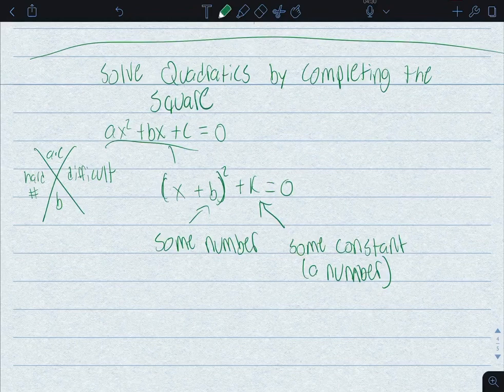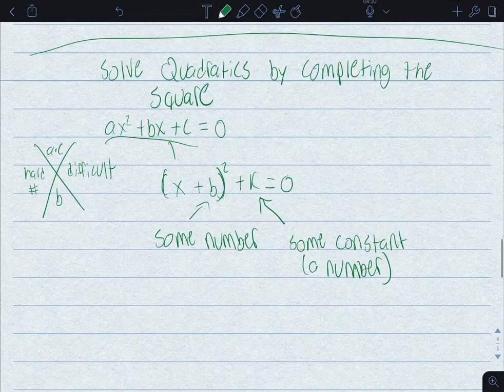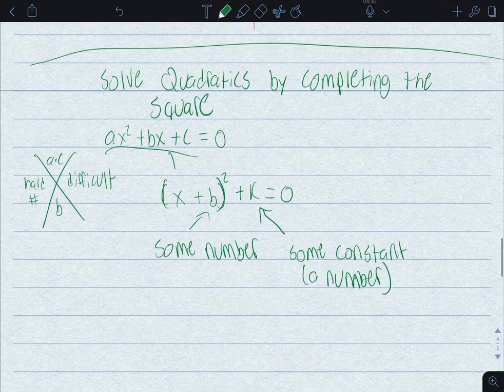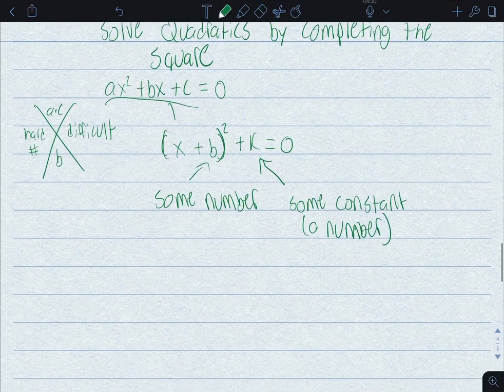So our goal is to change a polynomial so that we have x plus a number in parentheses, being squared, plus another number, and then we're going to solve it from there, like I taught you solving with the square roots.